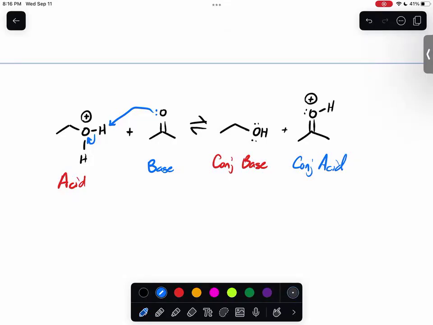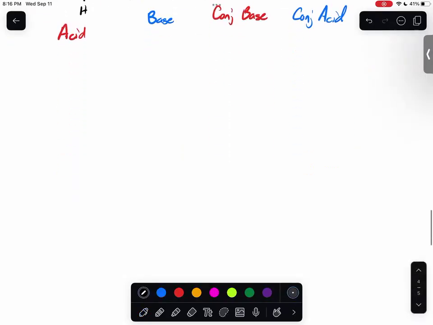Let's do one more where we start from two neutral species like we were before with the HCl and water. But we're going to do this one with something that you all may be a little less familiar with.